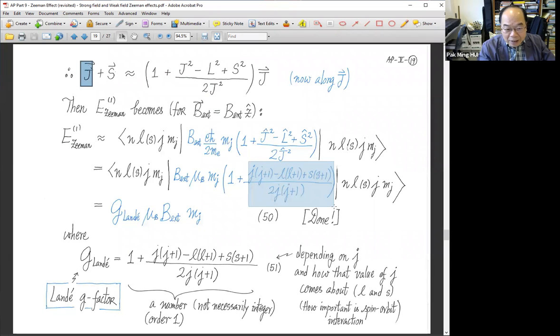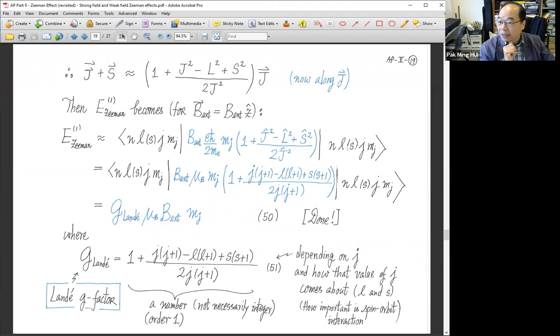All right, now we succeeded in doing what we want to do, but we have to look at this particular combination of quantum numbers that will give us a new G factor. That is just a number of order 1. So we call this combination the Landé g factor, after the first scientists who worked this out, that is before quantum mechanics.